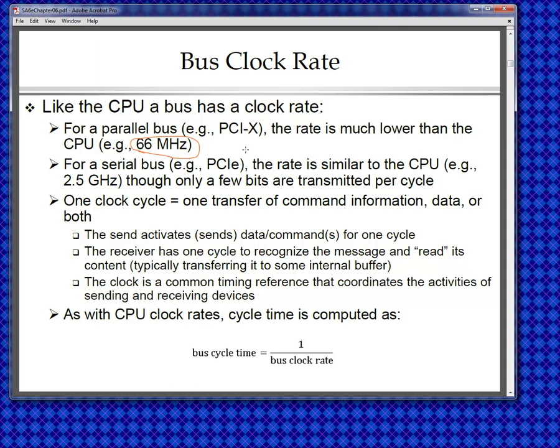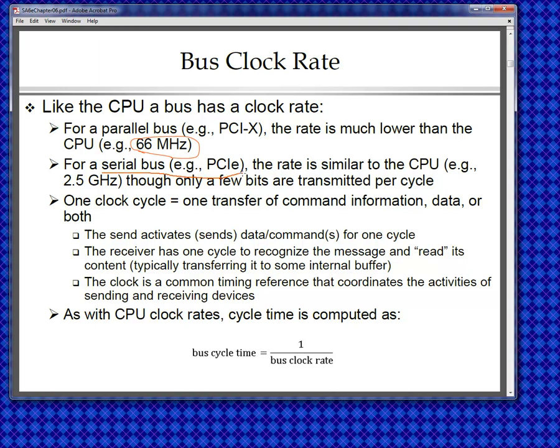They really couldn't push it any faster than that, and to do so, if they had tried, they would have either run into a lot of errors and required a complicated error correction strategy, or they would have had to have very expensive peripheral devices, and the cost of that motherboard we looked at would have been triple, quadruple what it actually is. So 66 is pretty much where it maxed out.